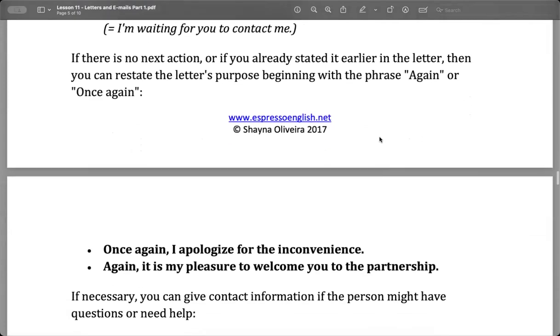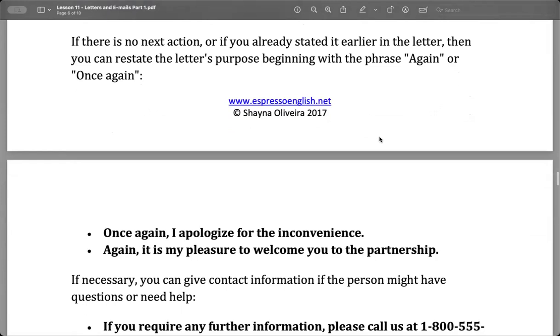If there is no next action, or if you already started it earlier in the letter, then you can restate the letter's purpose, beginning with the phrase again or once again.